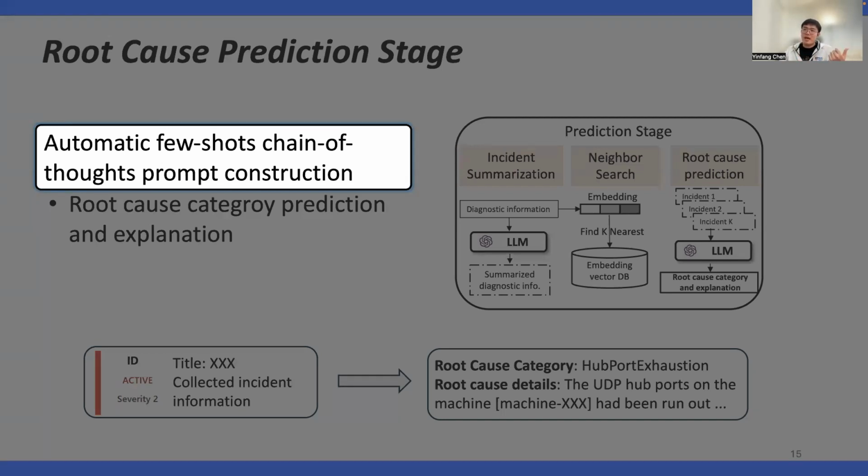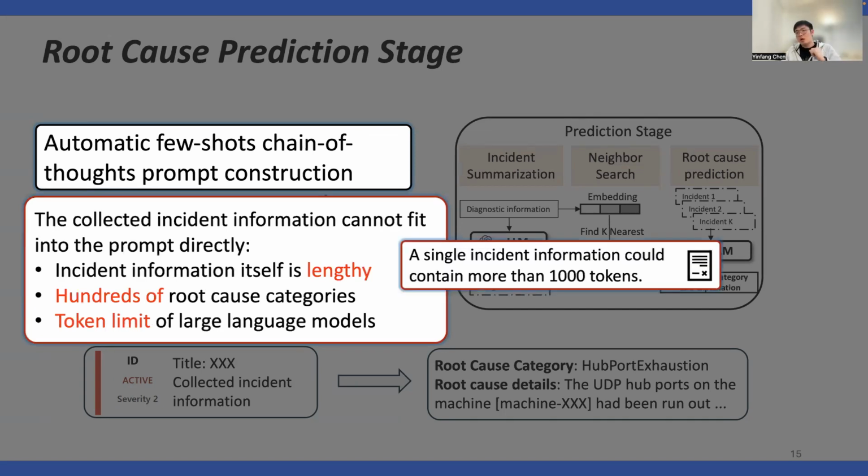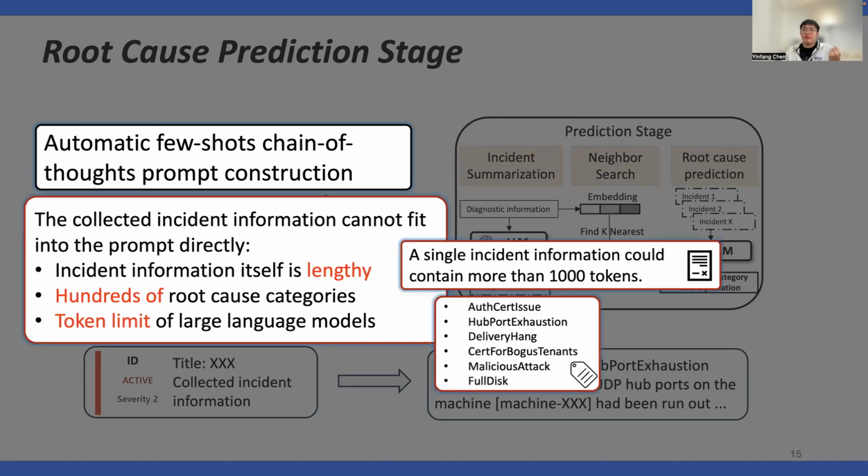The main bottleneck is the token limit. The length of the incident information we collect from the previous stage could be super long. A single incident collected by our first module could contain more than 1,000 tokens. And also there are hundreds of root cause categories in our email service team.